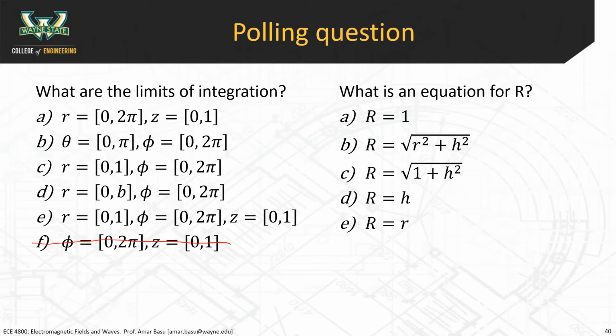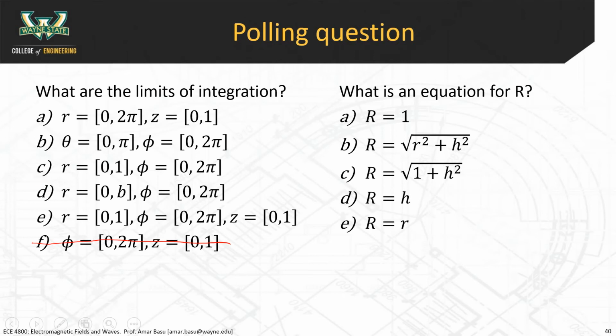All right, let me share the results with you. One person had a B, 11 people had C, 5 people had D, 5 people had E. So close to half of you put C, and that is the correct answer.